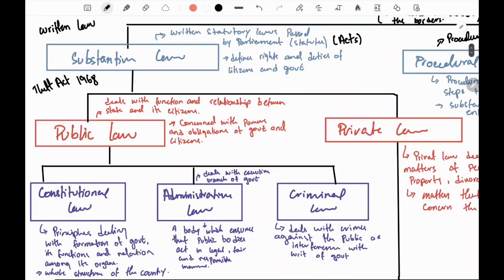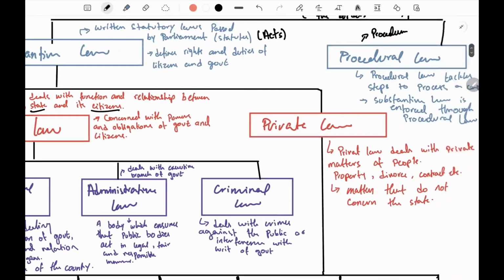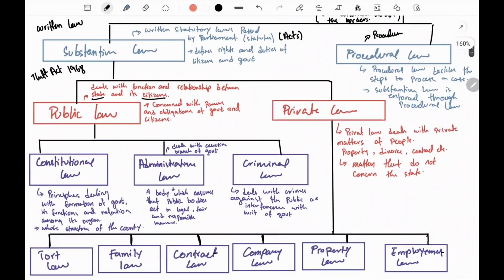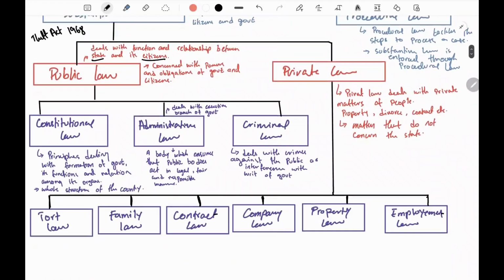It is concerned with the powers and obligations of government and citizens. The further classification of it is constitutional law, administrative law, and criminal law, because in these three types of laws both the public and citizens are involved.